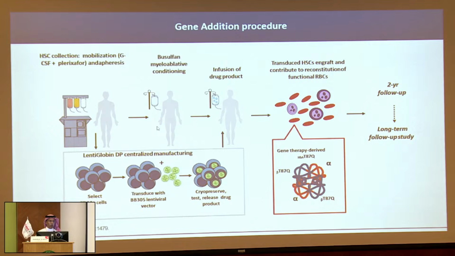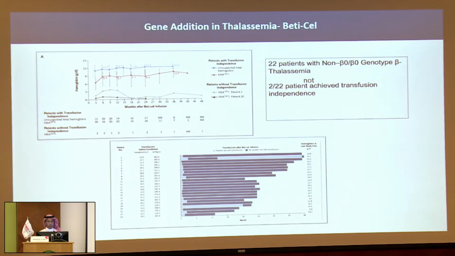The patient, meanwhile, will be conditioned with busulfan and then injected with the product. After engraftment, the drug product or the specific gene that is desired will be traced, and you will know how much it contributes to the hemoglobin.